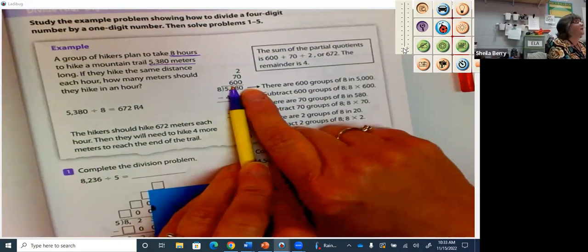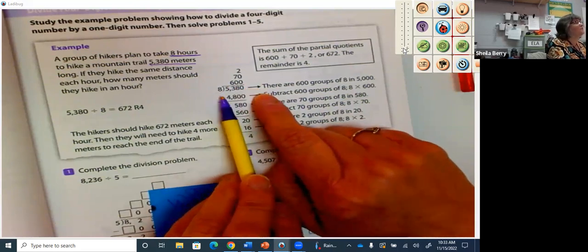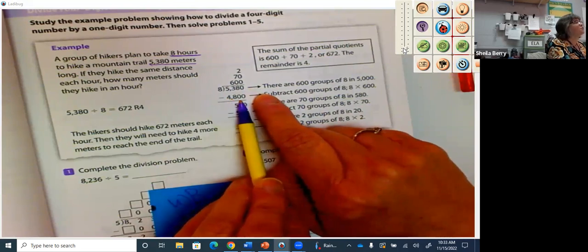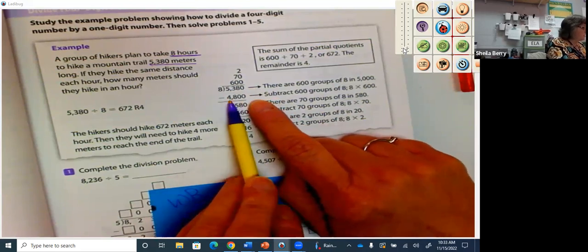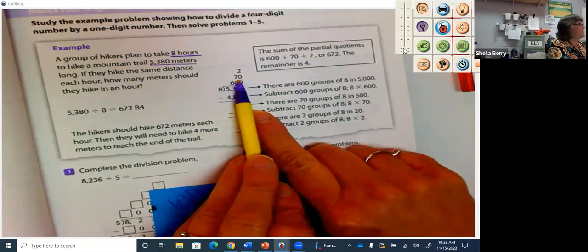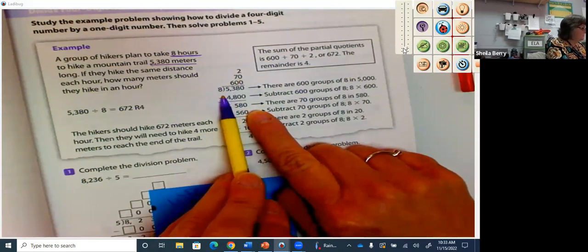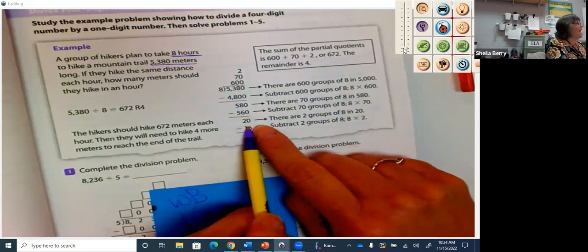And they started with the friendly number of 600 because they said, oh, 6 times 8 is 4,800. And then you subtract and you got 580 left. And then 70 times 8 is 56 tens. So 560. And when you subtract that, you got 20.